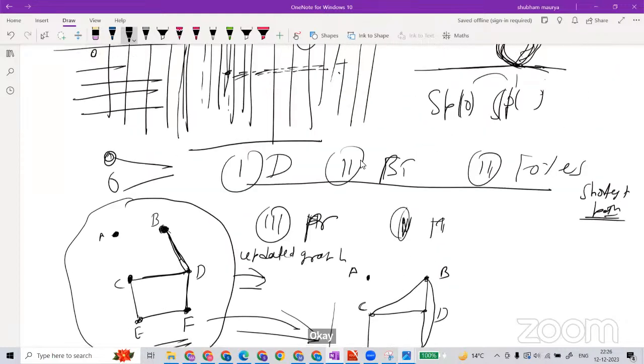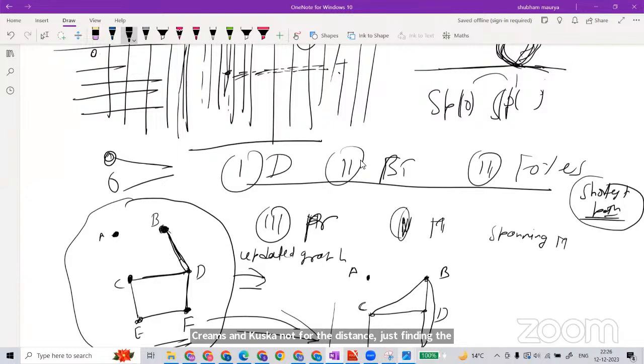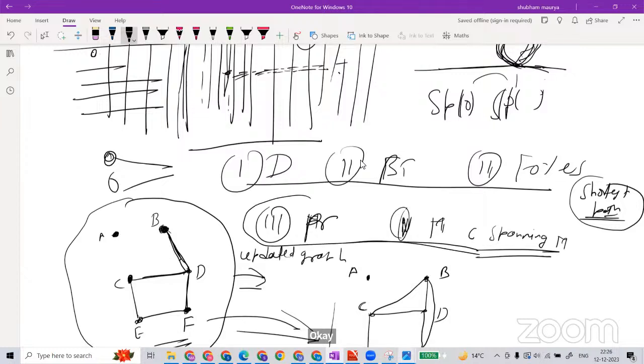Only the shortest path has the issue that you must not have a negative cycle, because you are finding the distance. Prim's and Kruskal's are not for distance, they find the minimum cost spanning tree. So if the graph contains a negative weight cycle, it has no meaning in the case of Prim's and Kruskal's.